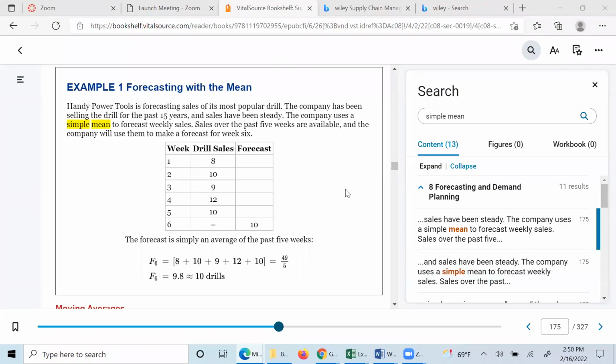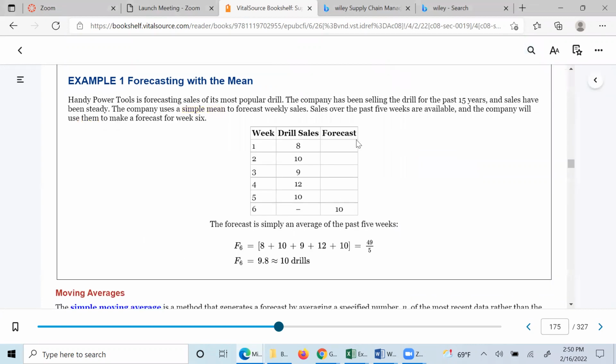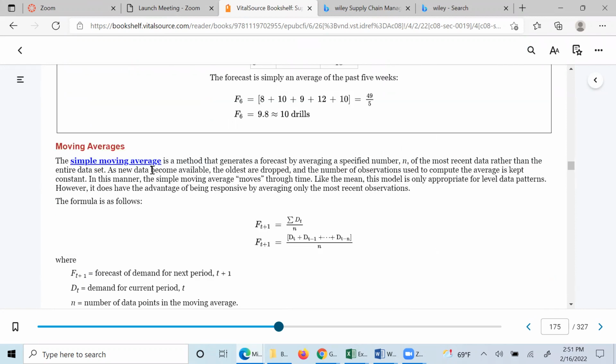First, I did a quick search on simple mean in your text so that we can take a look at what they mean when they say simple mean. Basically, you just take an average of all of the data that you have. With a moving average, you say, okay, I'm only going to go back for X number of periods and take the average of those time periods.